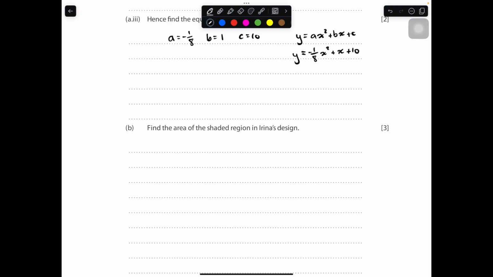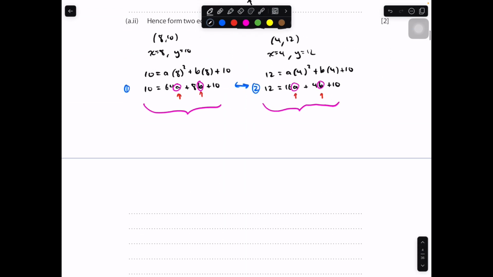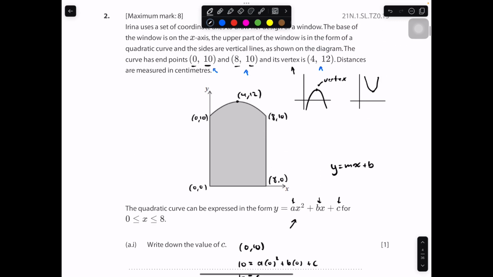Alright, find the area of the shaded region in Irina's design. Okay, so we want to find this, essentially, the area under the curve. So we want to find the area that is under this curve right here. What do we know?